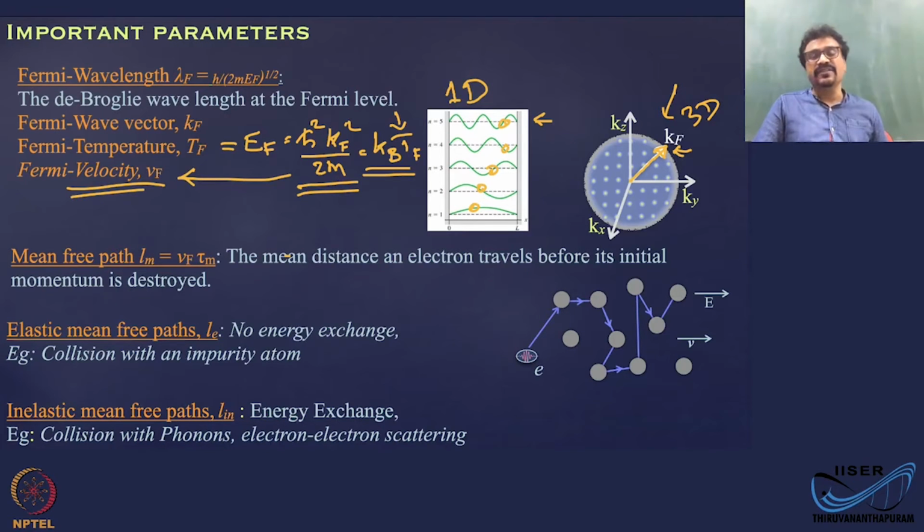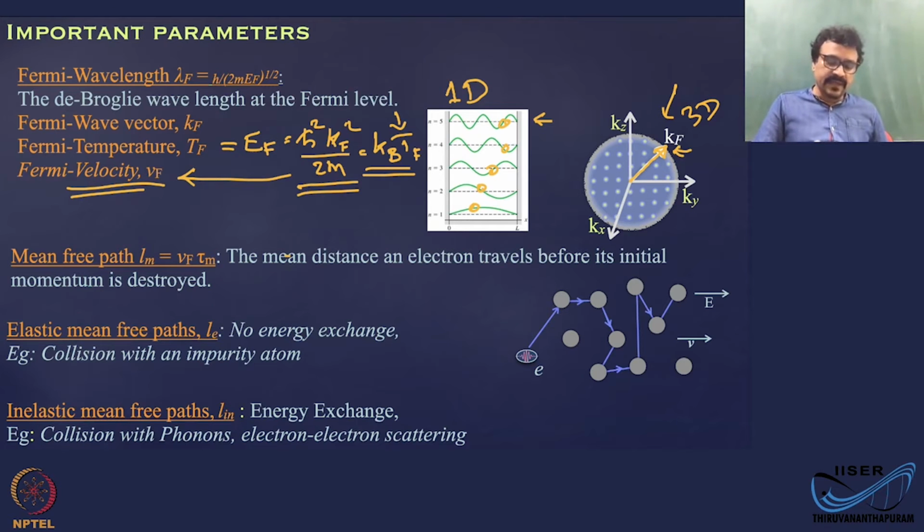That is how you say whether there is a confinement effect or not. If the system size is comparable to the Fermi wavelength, then you have quantum confinement effects in action. That we will define in a minute in detail.